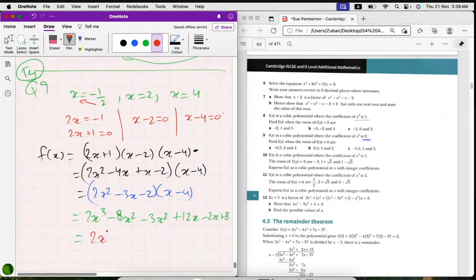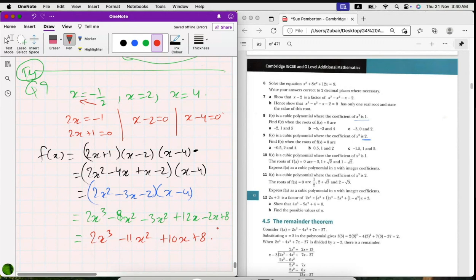So 2x cube minus 11x square plus 10x plus 8. That's a cubic polynomial with coefficient of x cube as 2. So we just have to make one of them with the coefficient of 2 and then multiply them together.